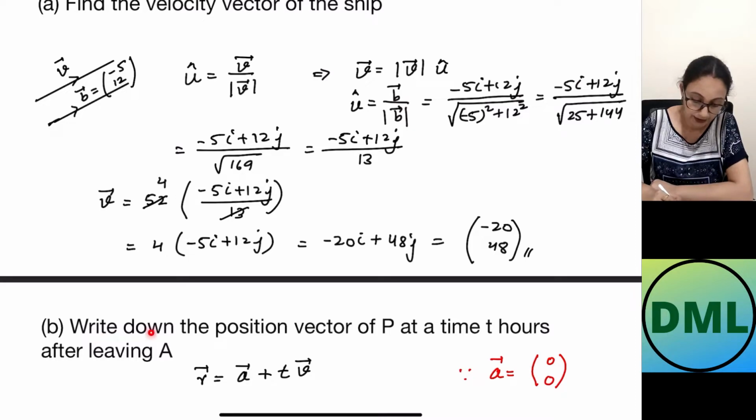Now write down the position vector of P at a time t hours after leaving A. So the position vector of P after t hours will be given by the initial position plus the time multiplied by the velocity vector. The velocity vector is (-20, 48), and the initial vector is (0, 0).